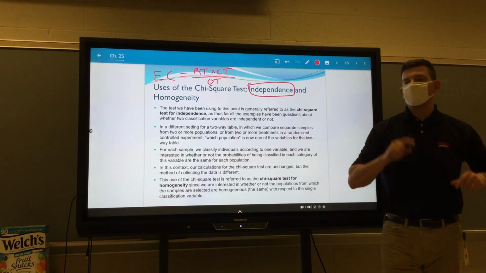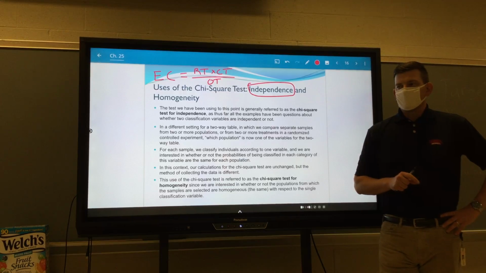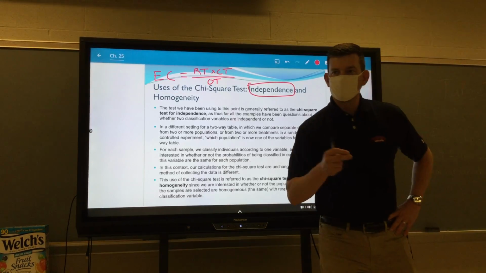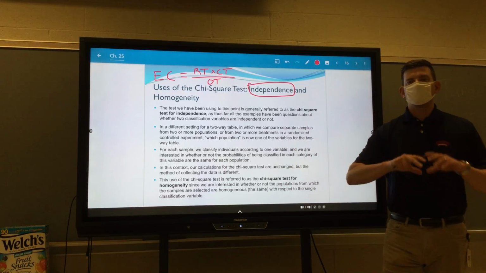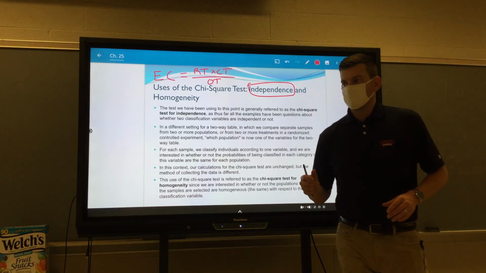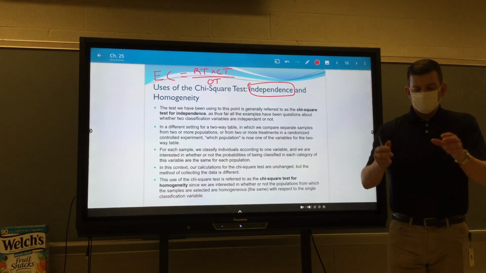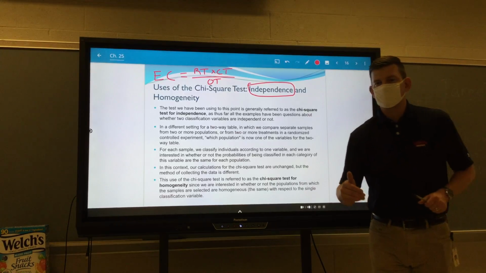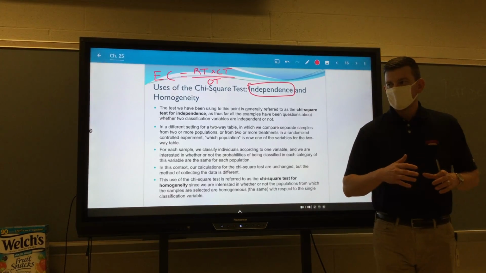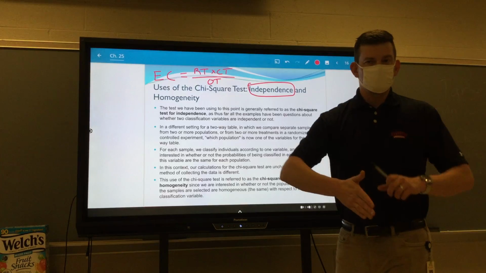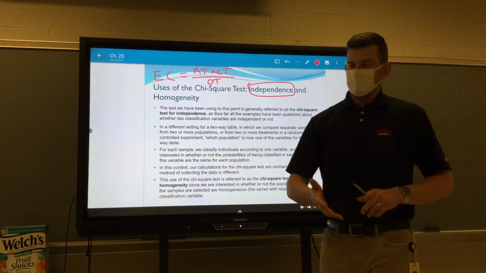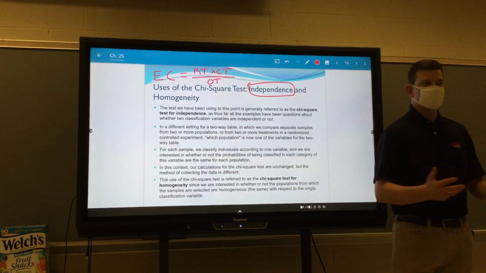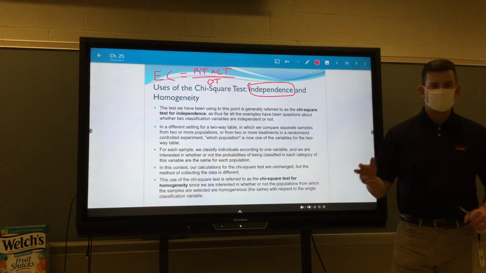In each of those cells on a table, some of them have bigger differences than others. What the chi-square does is it looks at the big picture, and it determines if our chi-square test statistic is large enough, which corresponds with a p-value that's really small. Same interpretation of p-values that we've had the entire year.